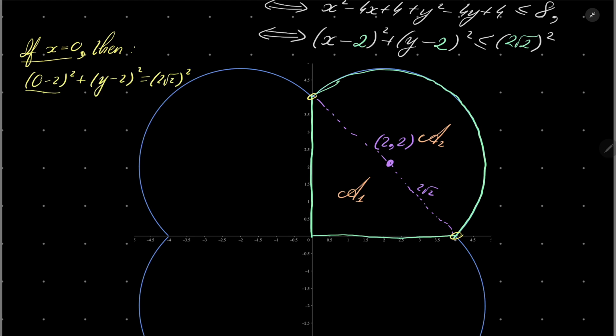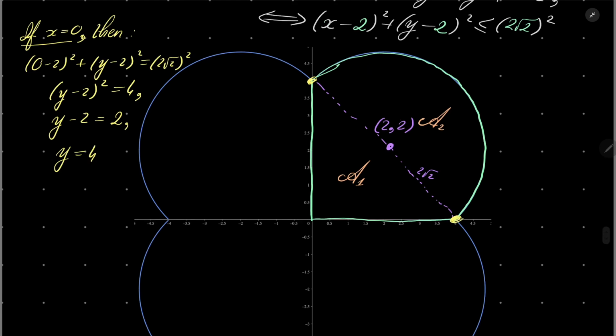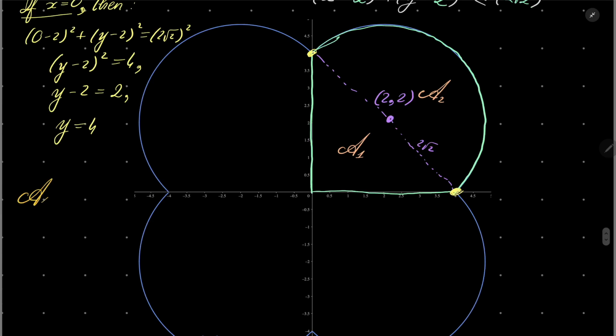Here we have 4, here we have 8. So it's (y minus 2) squared equals 4. So y minus 2 equals plus or minus 2, but we will choose 2, so y equals 4. So this point right here is exactly 4. So the area of our first triangle is 1/2 times the base, which is 4, times the altitude, which is also 4 by symmetry. So it's 8.